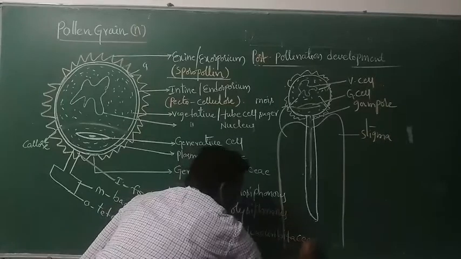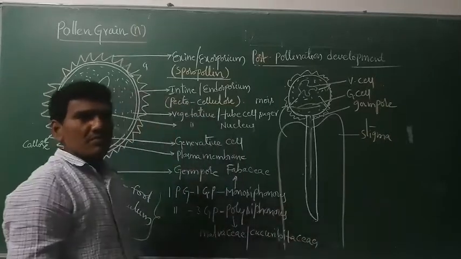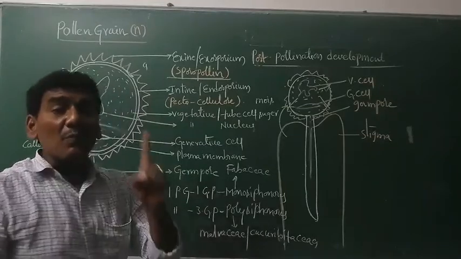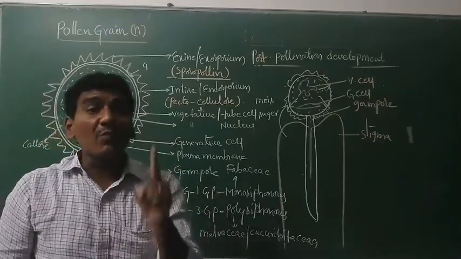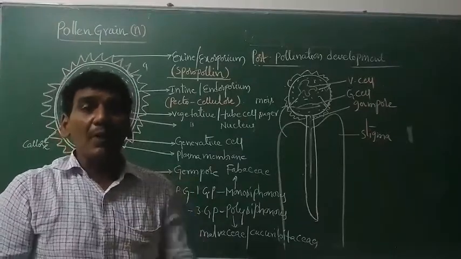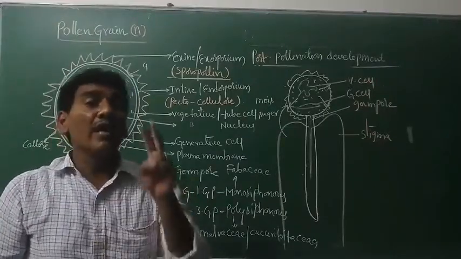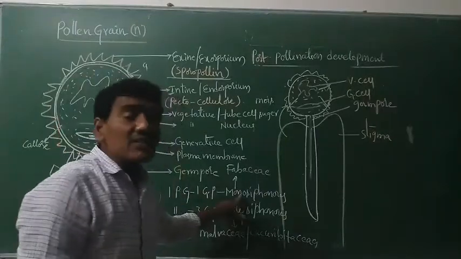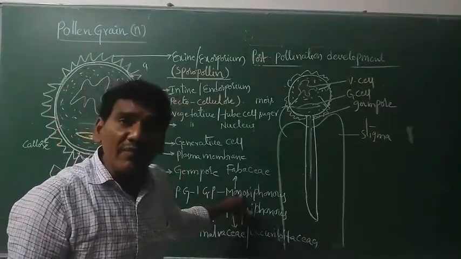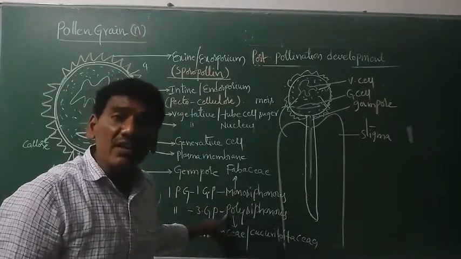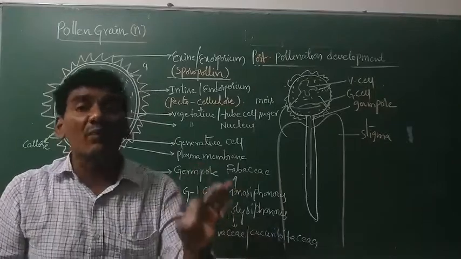These are two important examples. Monosiphonous means one germpore is developed from the pollen grain; polysiphonous means more than one germpore is developed.